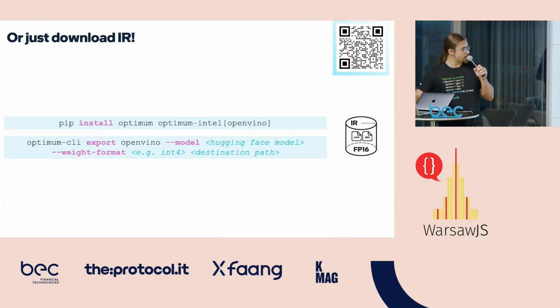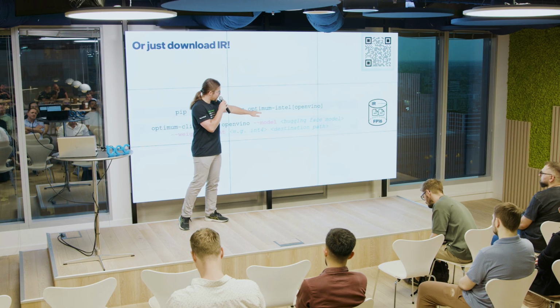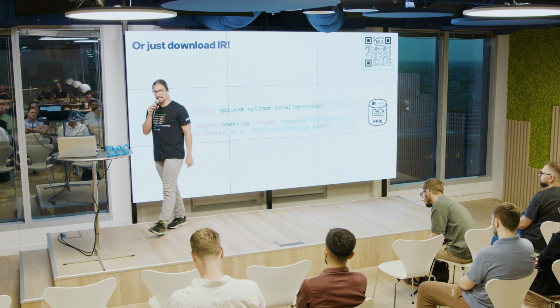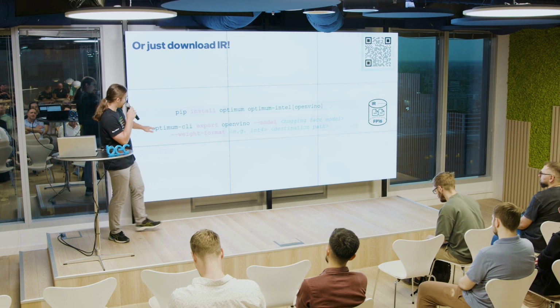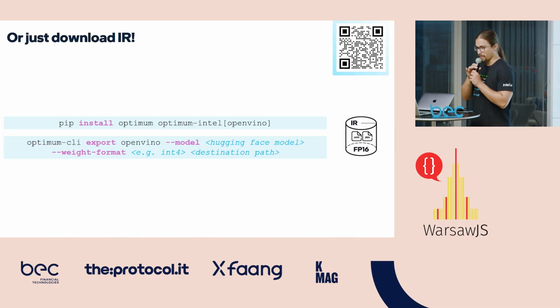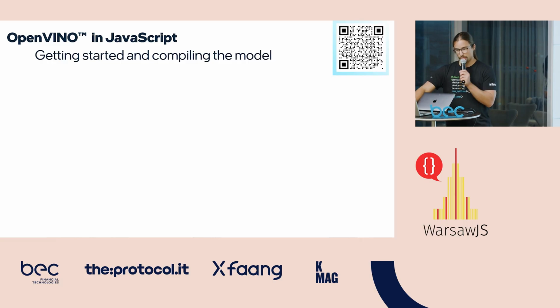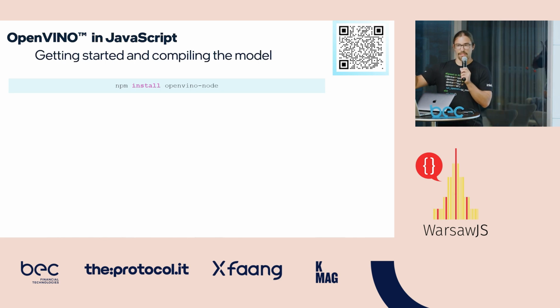You can also download IR format from Hugging Face. You just need to install Optimum Intel. This is an extension to regular Optimum, and you can export in OpenVINO format directly from Hugging Face.